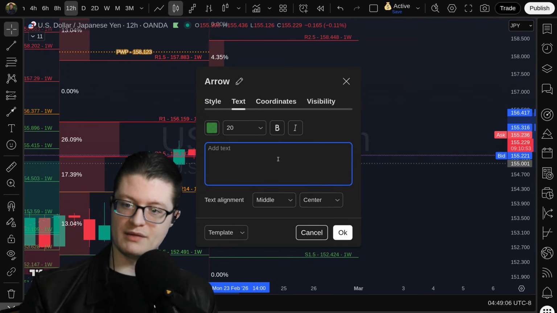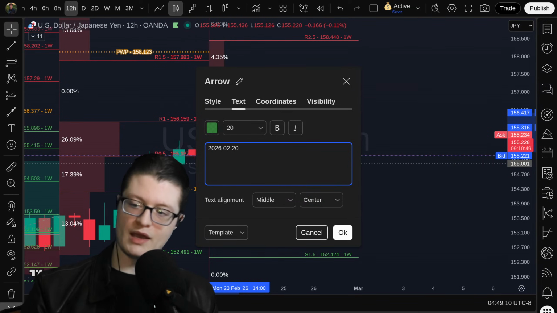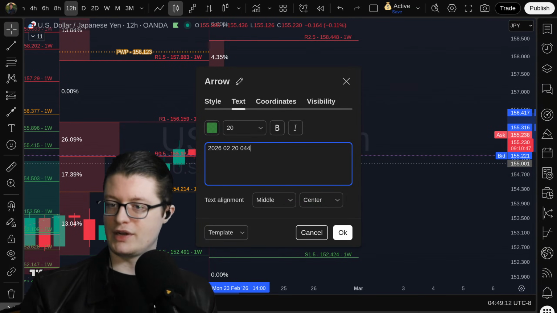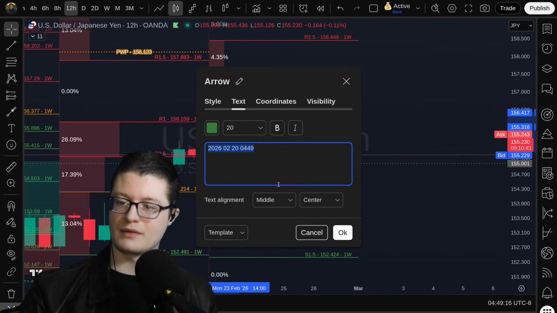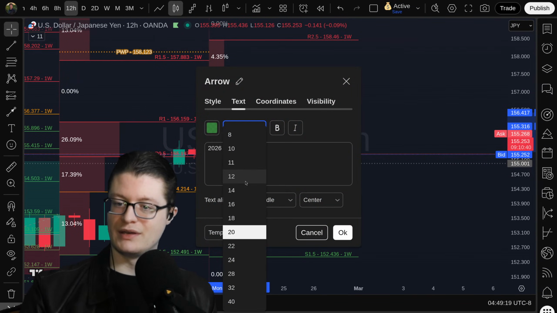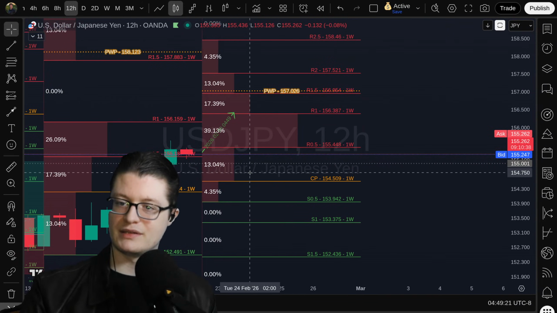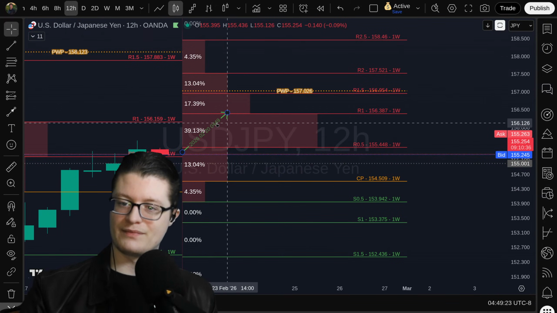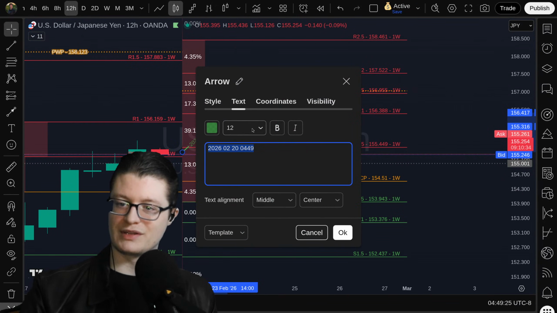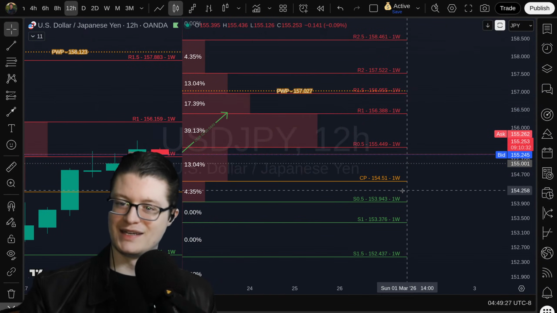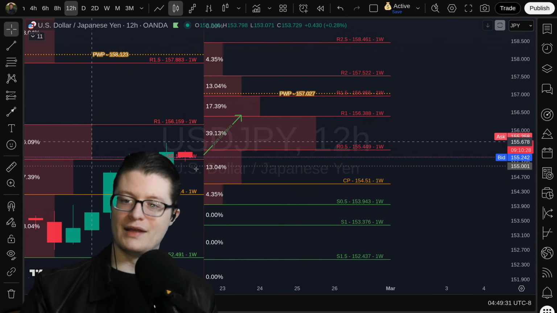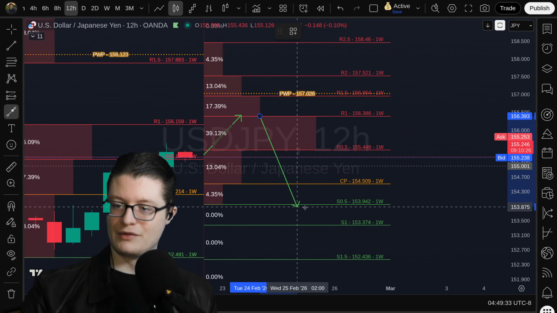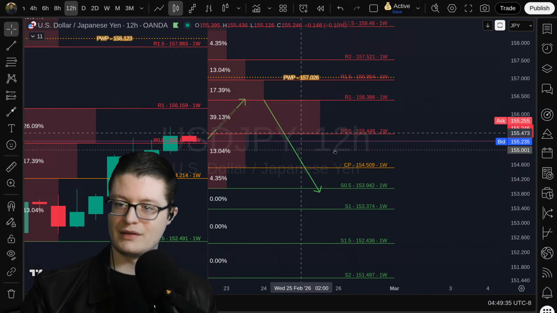Let's go ahead and timestamp to be responsible. What's the current time? Oh, 4:49. I have to reduce the text size, that arrow is really struggling to fit that text. Okay, there we go. And then down probably here.